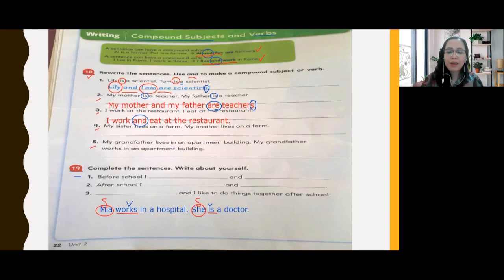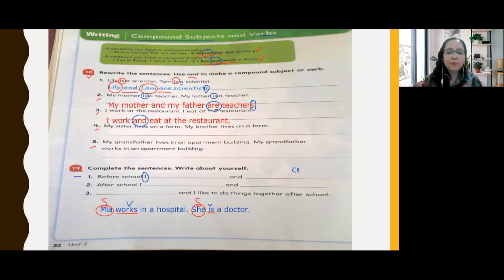What do we need? Compound subject or a compound verb? Yeah, since there is only one subject, that is I, it's you, you need a compound verb, or I will contract them, they become CV, yeah, compound verb.